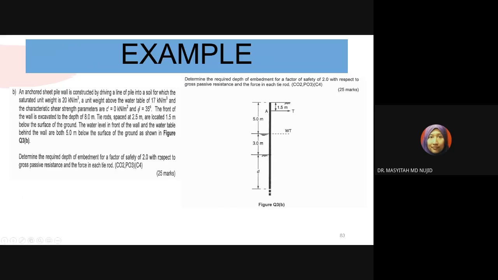Okay, we go to one example. An anchored sheet pile wall is constructed by driving a line of piles into a soil for which the saturated unit weight is 20 kN per cubic meter. So these are the soil parameters. You are required to determine the depth of embedment for a factor of safety of 2 with respect to passive resistance, and the force in each tie rod.